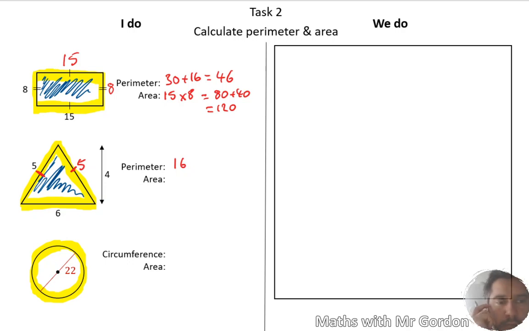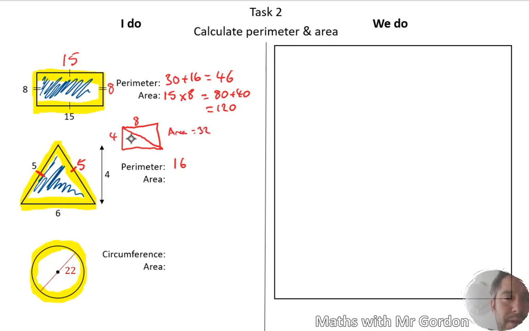To find the area, now with a triangle, you've got to think of a triangle like this: if this was a rectangle, you can split that into 2 triangles. So if this was a rectangle with a height of 4 and a width of 8, the area of the entire rectangle would be 8 times 4, which is 32.